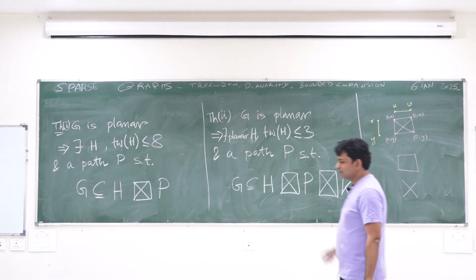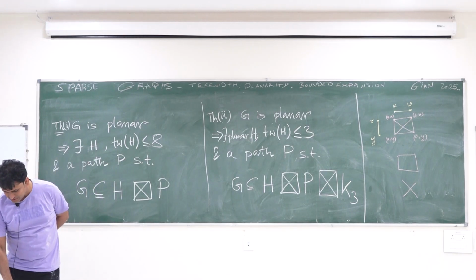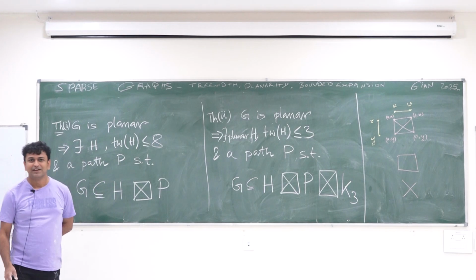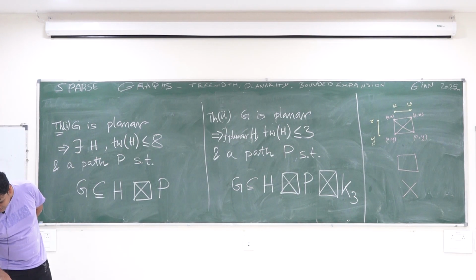And these two theorems have multiple authors: Dujmović, I may not be even pronouncing them correctly, Joret, Micek, Morin, Ueckerdt, and David Wood.